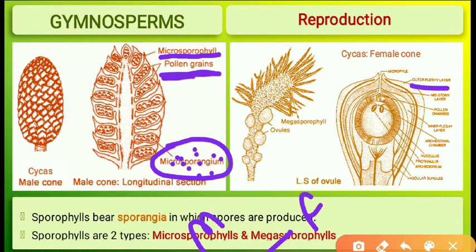Then the outer fleshy layer, then the mid stony layer, the pollen chamber or archegonial chamber is there, then nucellus. Nucellus is a nutritive tissue here. Prothallus is there, then archegonium and vascular bundle.